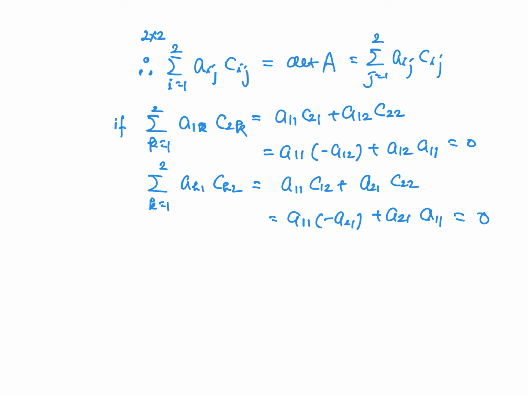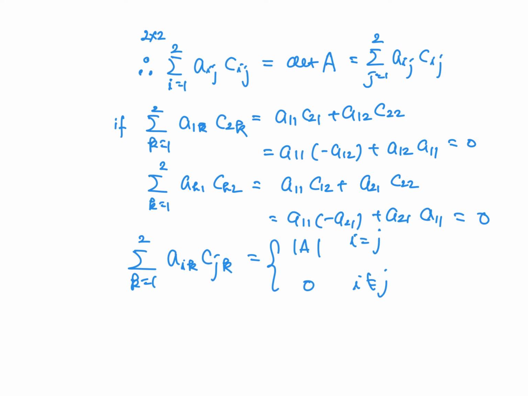So the element of the matrix and the cofactor matrix has a very interesting property. The sum of Aik Cjk is determinant A when i equals j, and 0 when different, right?